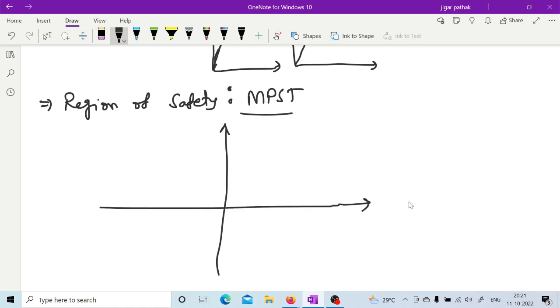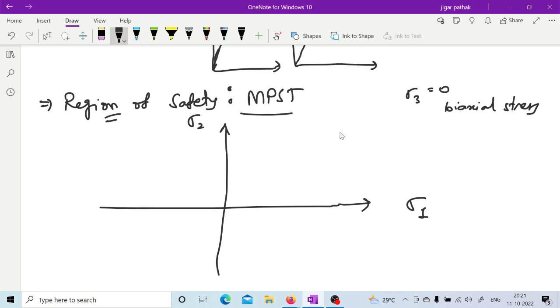We are considering sigma 3 as 0, so we are considering a biaxial state of stress, and for that we are plotting this region of safety according to the maximum principal stress theory.